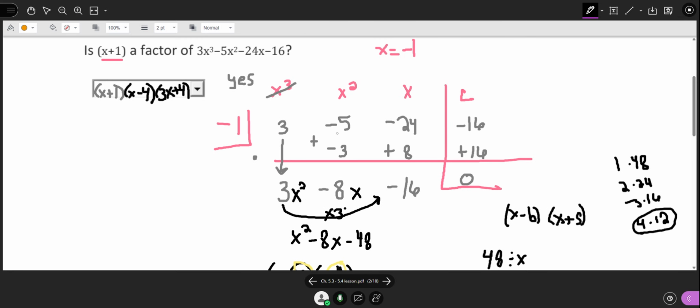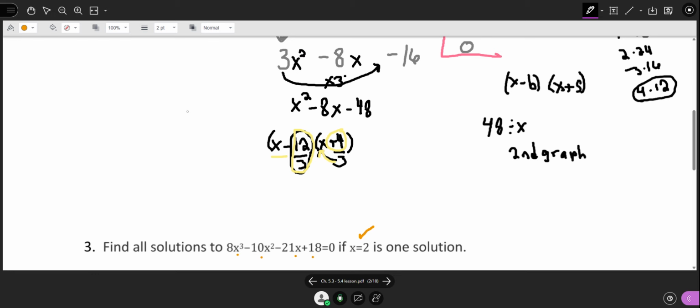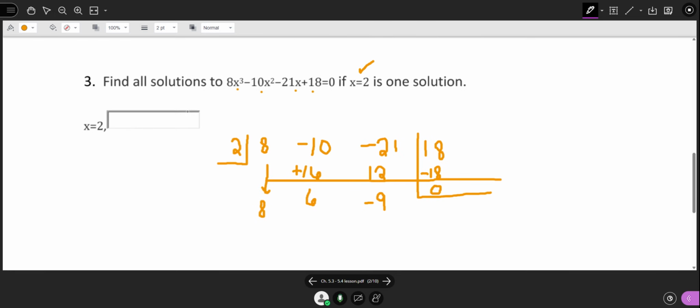Notice up here we had to write all the factors. So here we got to find all the solutions. Now this was an x cubed, so this is an x squared plus an x.